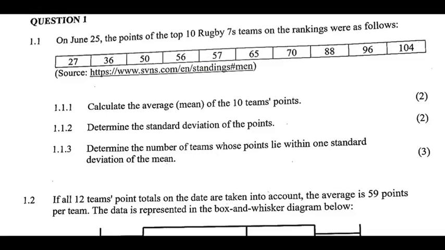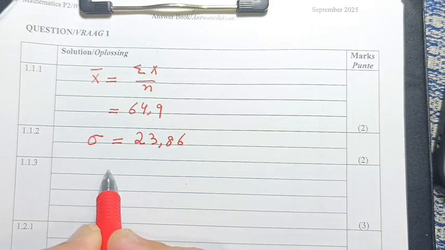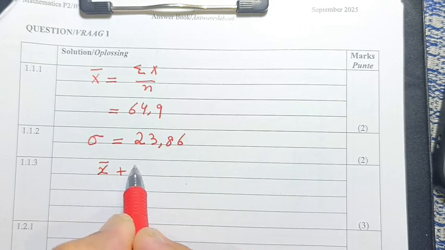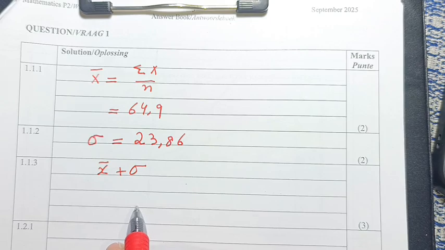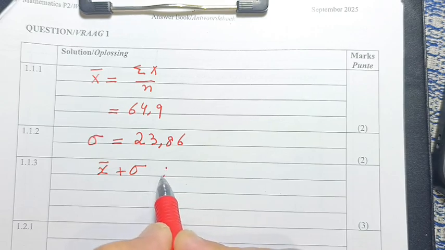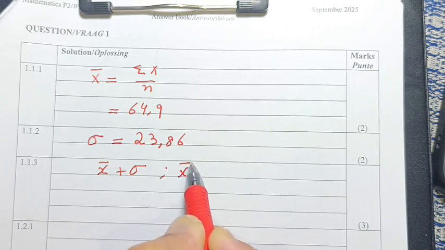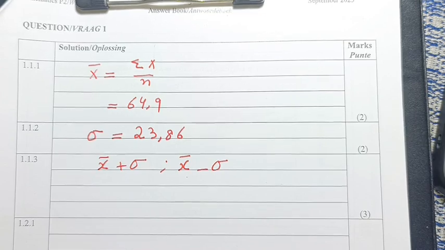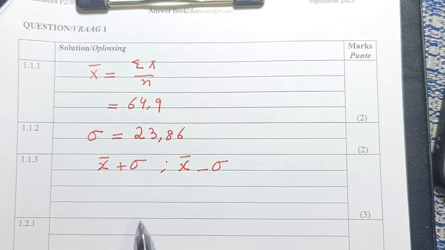1.1.3: determine the number of teams whose points lie within one standard deviation of the mean. For that I say x bar plus standard deviation, and x bar minus standard deviation. The x bar I got is 64,9.